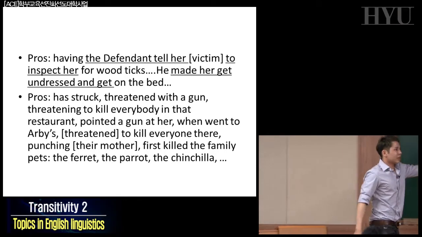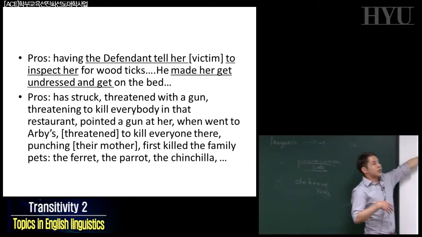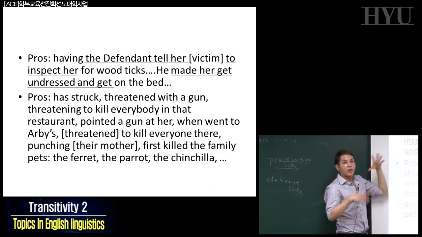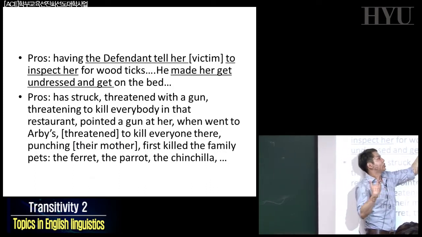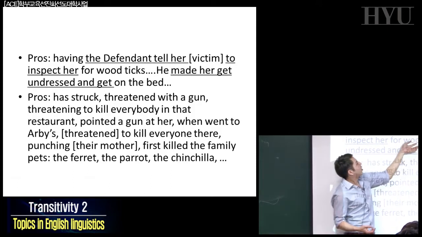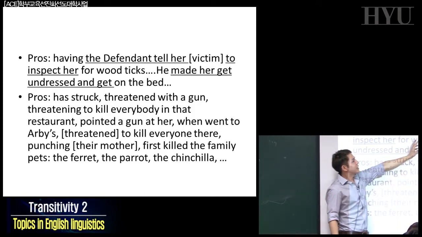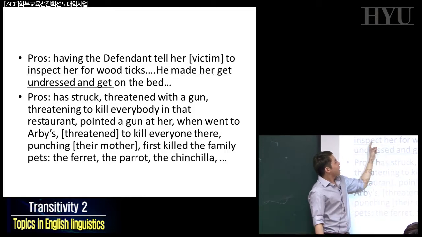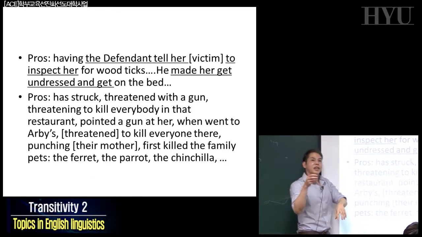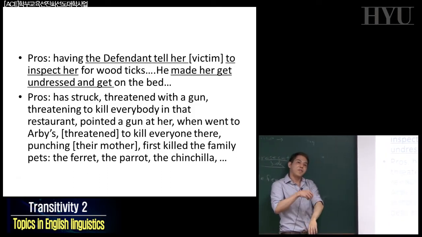Now, let's look at some examples. So pros here is the prosecution side. This is how they phrase things. The defendant, let's say it's Mr. X, having Mr. X tell her, so tell is the verbal process, to inspect her for wood ticks. You know, wood ticks are like insects or bugs that can bite you.